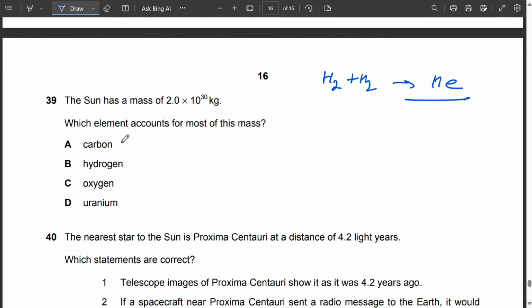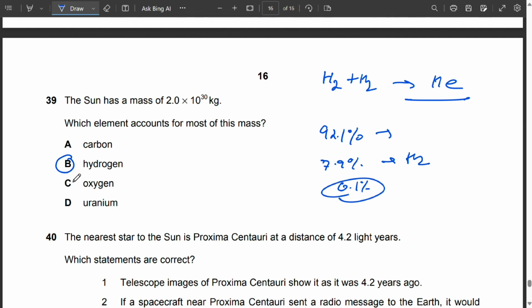Hydrogen accounts for around 92.1% of the mass, and around 7.9% is helium. Metals account for less than 0.1% of the sun's mass. So it's basically hydrogen.